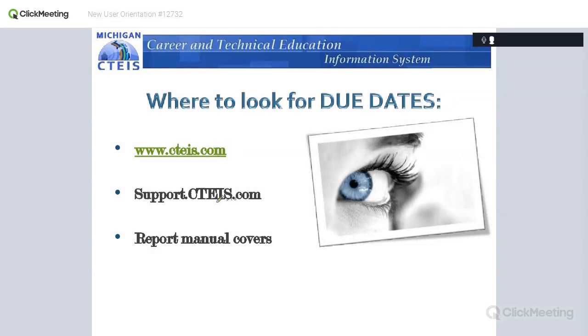An offshoot of that is support.ctis, and we'll take a look at everything that's available there. As I'll show you, there are also a lot of manuals available to you, with a lot of information in them.